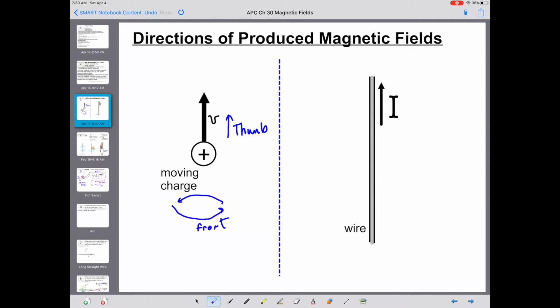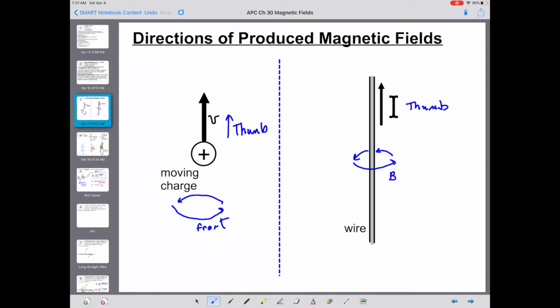Same idea with a current. Remember, the direction that a current is denoted is the direction that positive charges would flow if they could. So if positive charges were flowing in the wire on the right, they would be moving up towards the top. So if you point your thumb of your right hand in the direction of that current and you wrap your fingers around, your fingers will wrap in front here and then behind the wire there.